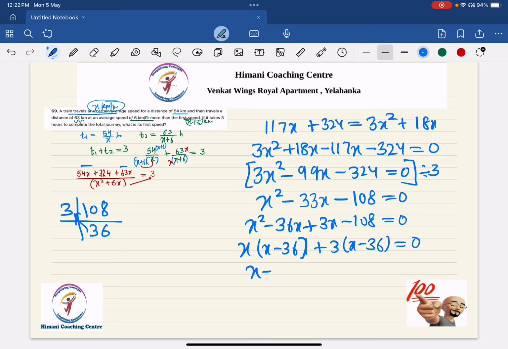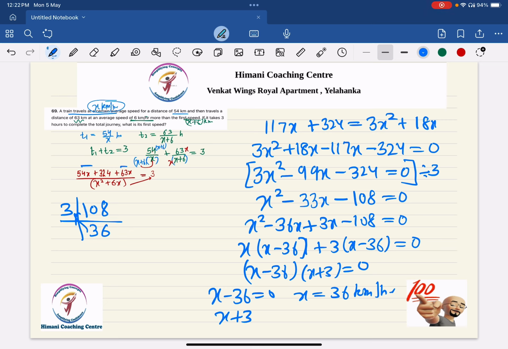So we get x minus 36 times x plus 3 equals 0, which will give us either x minus 36 is 0, or x is 36 kilometer per hour, which was the question. The other answer would be invalidated because you are getting speed as negative. So this is how we solve questions on speed.